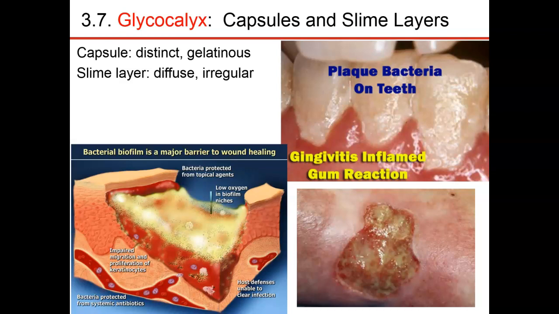So biofilms form as bacteria grow and produce chemicals. Then other cells come in and they attach, and eventually you have this community of cells living together, growing together, that are protecting each other.